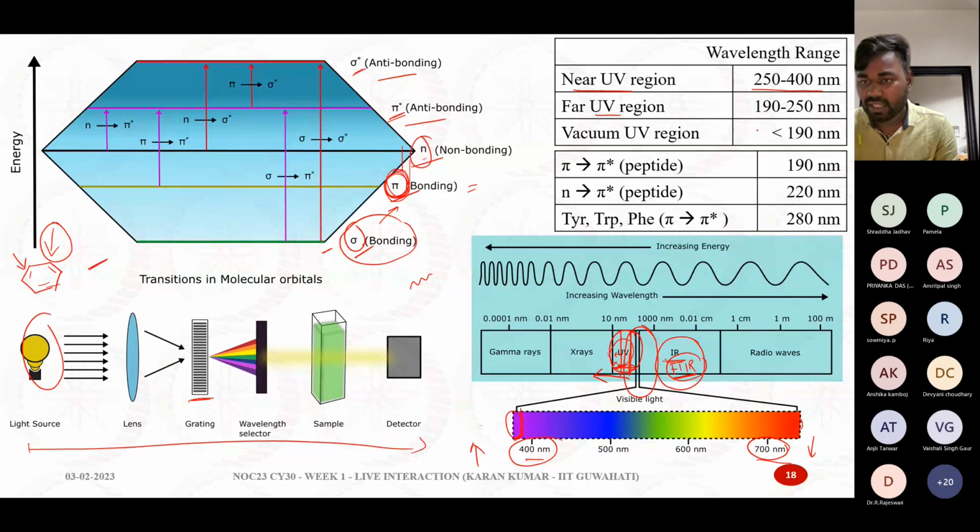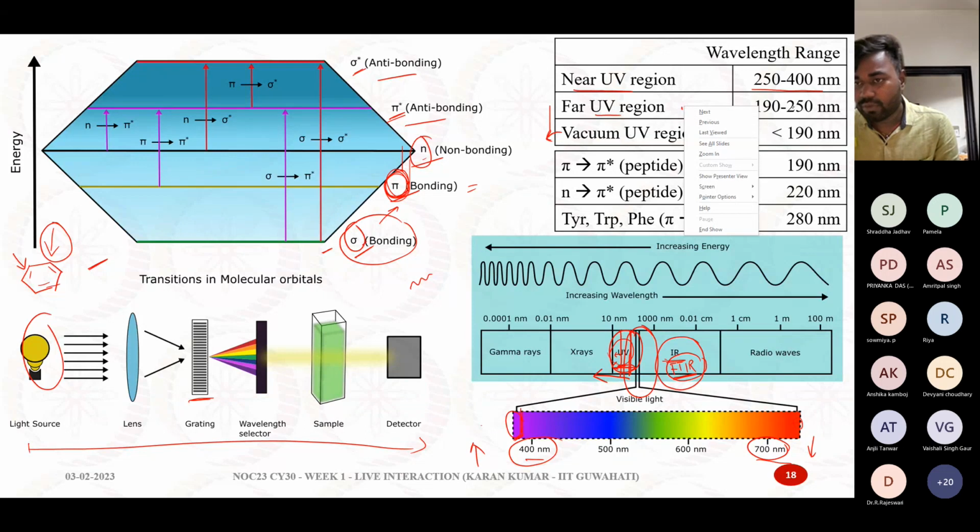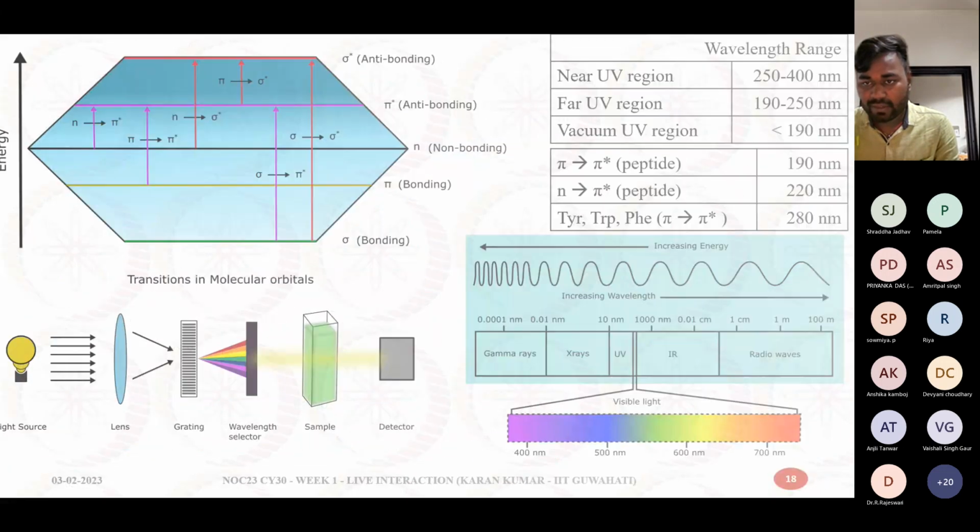And this region is essential when you are making changes in the sigma bonding. Normally this occurs when you are recording a CD spectra. In CD spectra, you can operate from 190 nanometer to 250 nanometer. Okay.